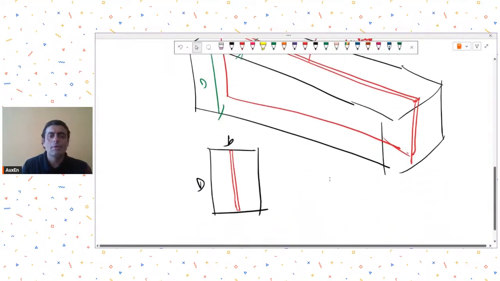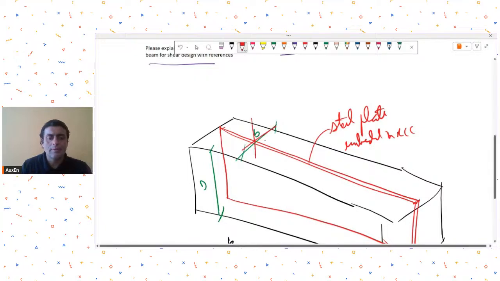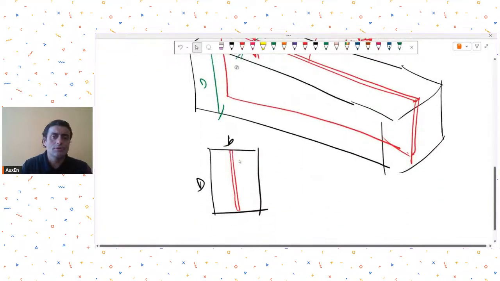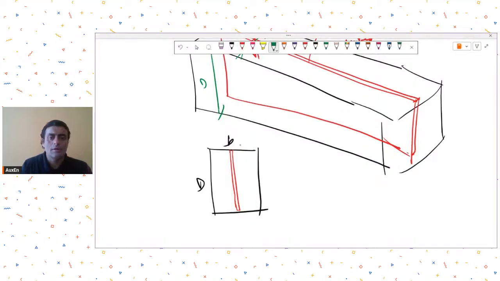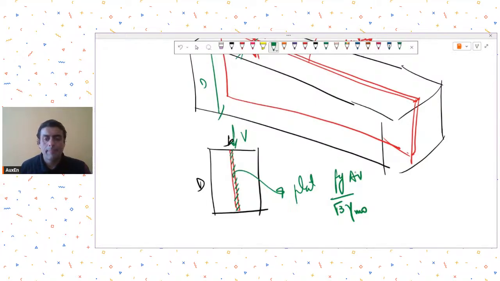One simple way could be that, let's say at d distance, whatever shear is acting, for that shear force maybe you could find out the shear that will be taken by this plate, and that you could find out by Fy upon root 3 gamma m naught into AV, where AV could be this depth into this thickness.